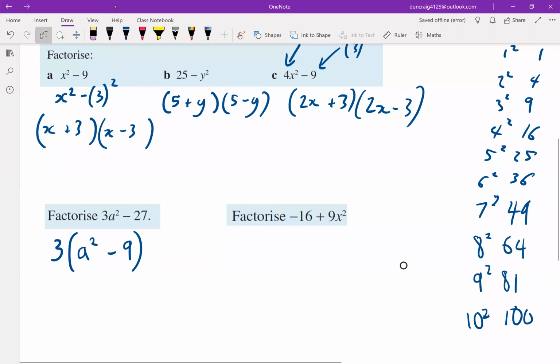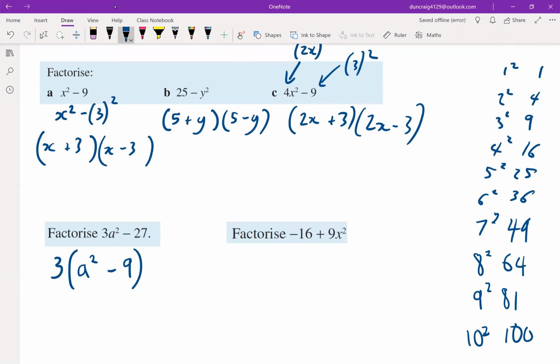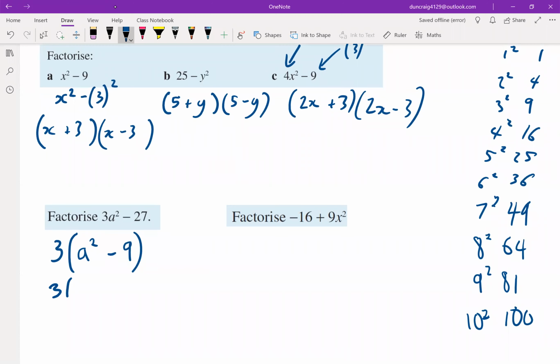Then 9 is 3 squared. So that's going to give me 3 outside of a plus 3, a take 3. So it's a two-step question: take out the common factor, then factorise the difference of two squares.